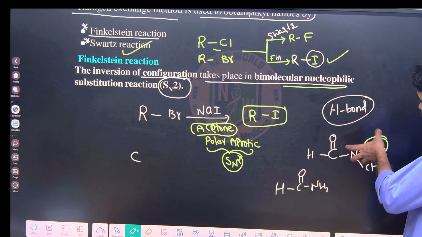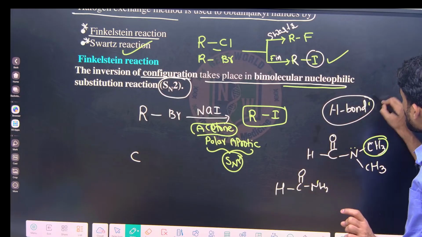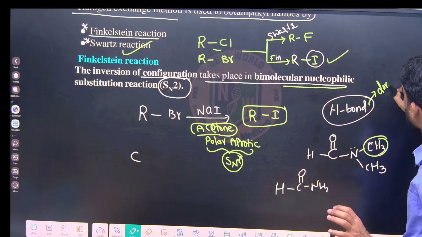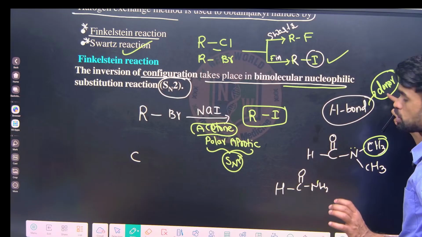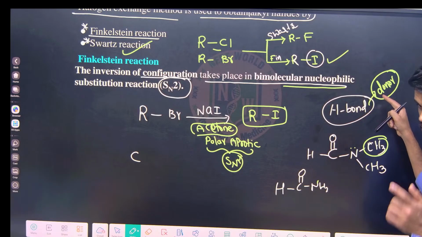Sir, why are you constructing the molecule like this? See, it should not act as a hydrogen bond donor. If it has a hydrogen bond donor site, then it can be protic.